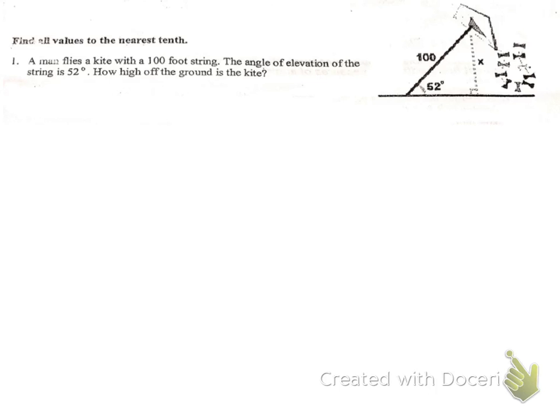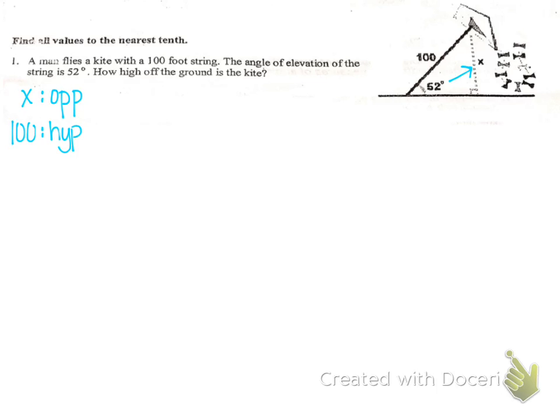So this is a lot like the first day we did trig. We're missing a length of our triangle, not an angle. So in reference to our 52-degree angle, x is opposite. And 100 is our hypotenuse.